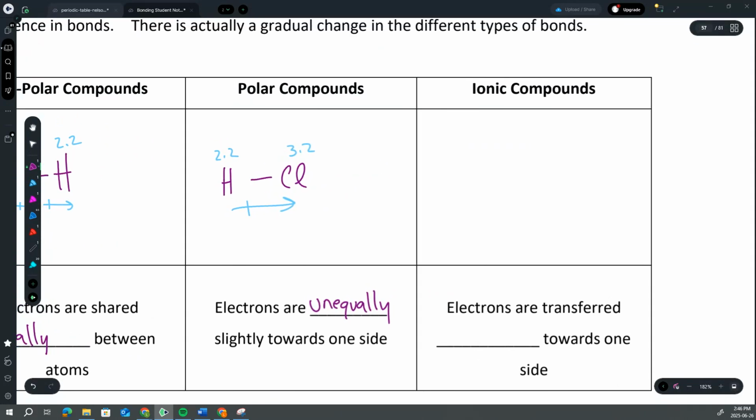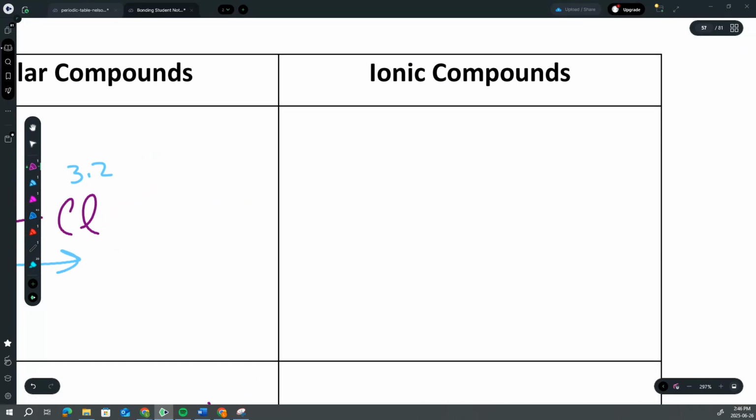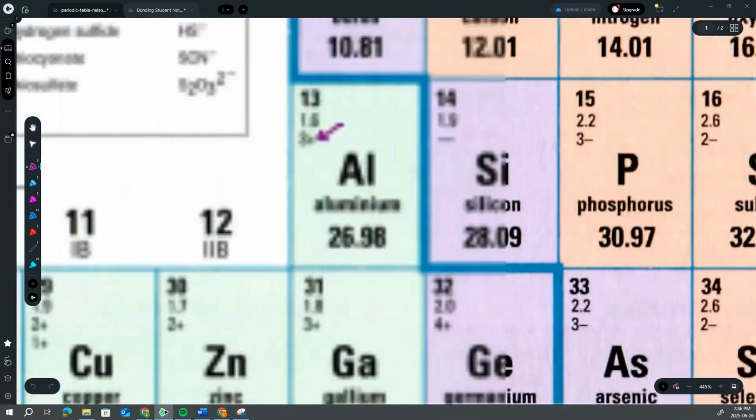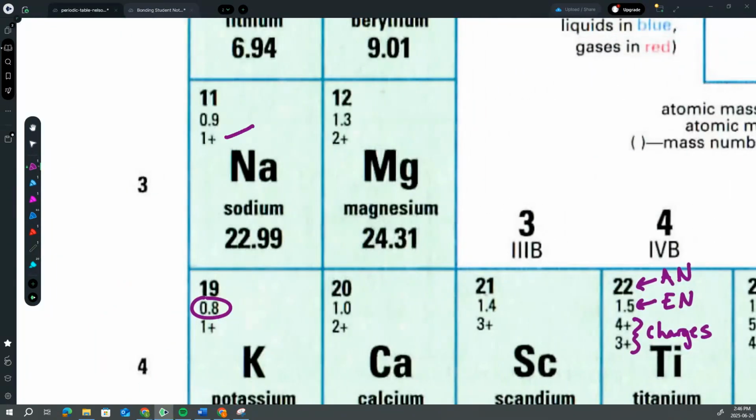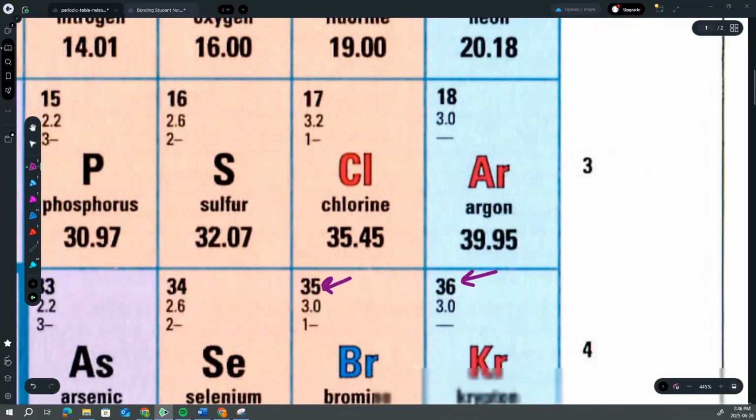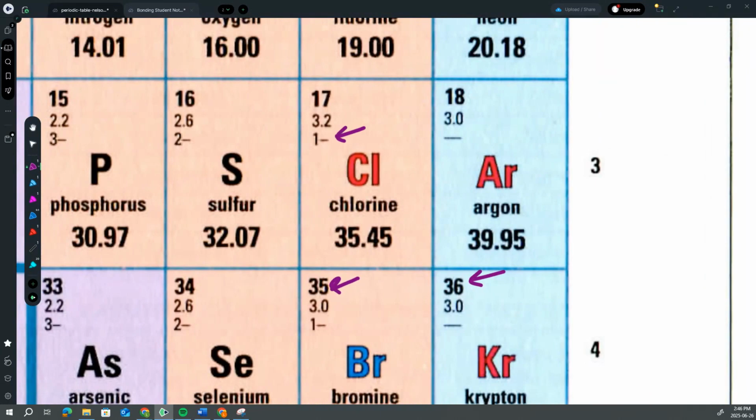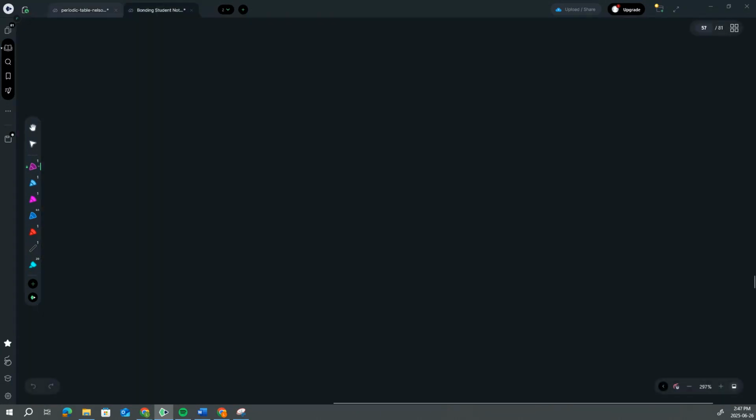And with ionic compounds, so let's say we have sodium chloride. So sodium chloride gets formed when sodium, which likes to have a +1 charge, and chlorine, which likes to have a negative charge, come together.